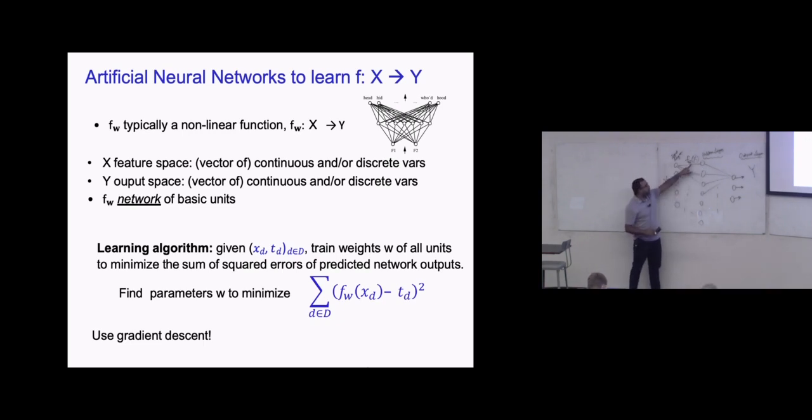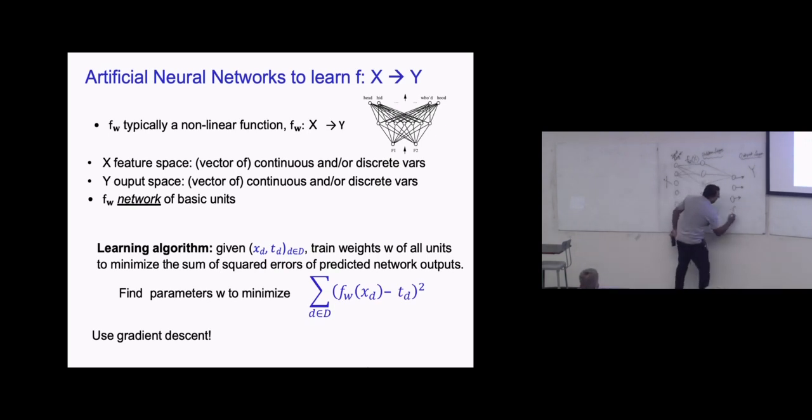So with respect to the weights w, this function maps x to y, but it may not always be correct. So f of w of x could be different from y, but we want that difference to be as minimal as possible. That is our learning objective.